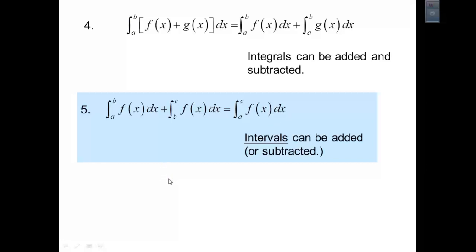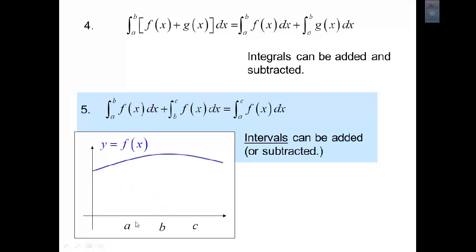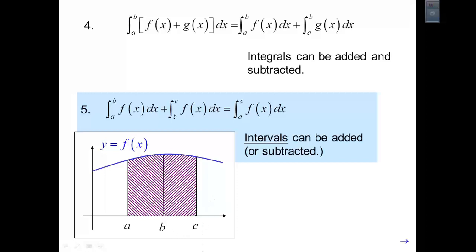So with that one, we're looking at the picture, and we're thinking about it like this. If we integrate from a to b, we're finding that. If we integrate from b to c, we're finding that other one, and then that's just going to be equal to, if we add these two together, the integral from a all the way over to c.